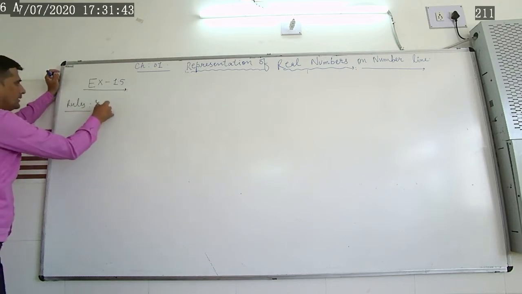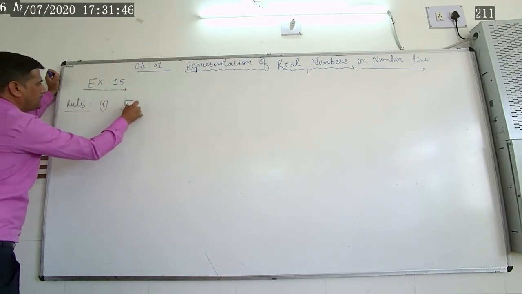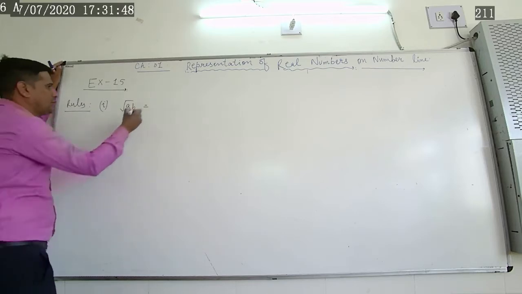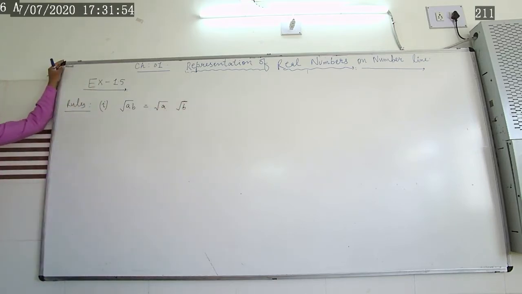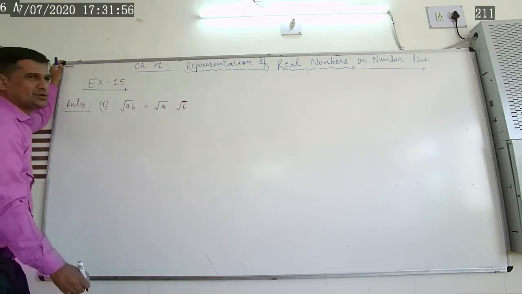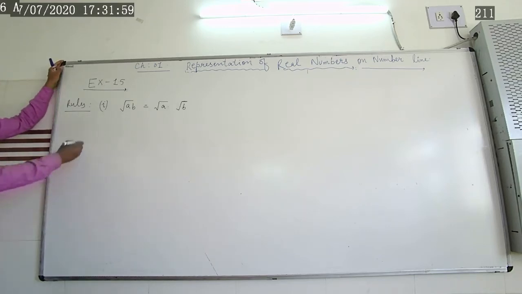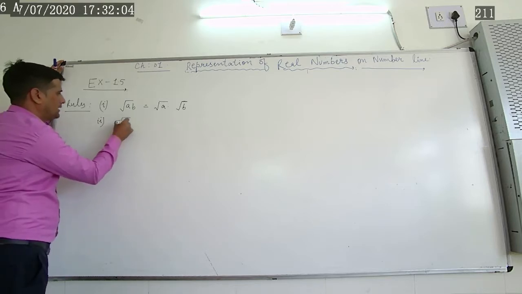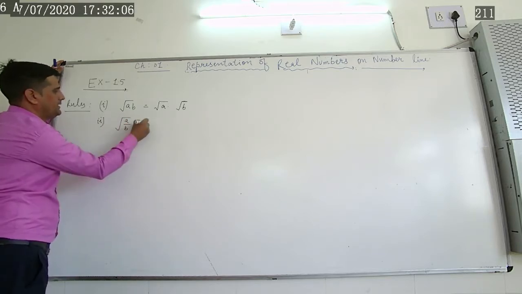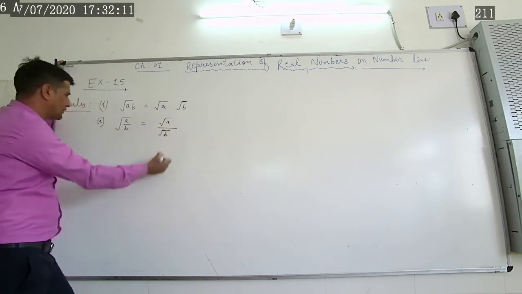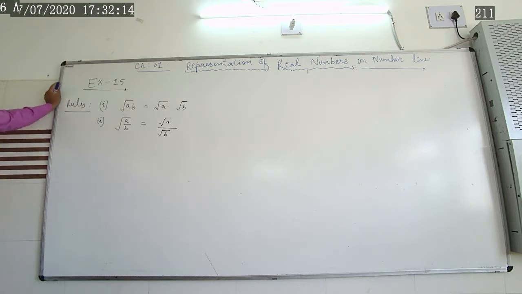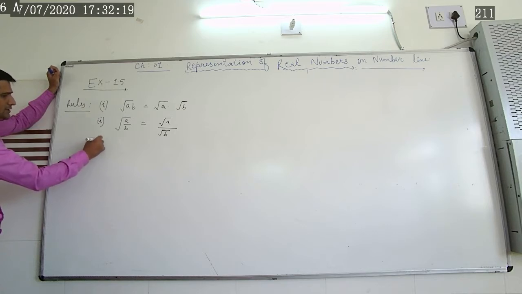First one, under root ab can be written as a product of two separately. For example, under root 6, so I will write under root 2 into under root 3. Second one, remember all these: under root a over b is equal to under root a over under root b. Both can be written in separate form, so that you can simplify the questions easily.